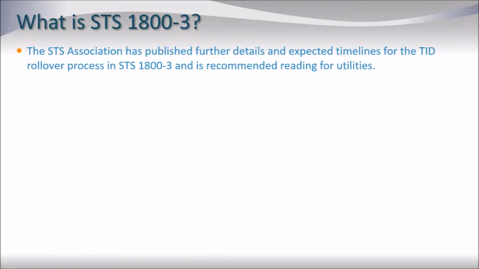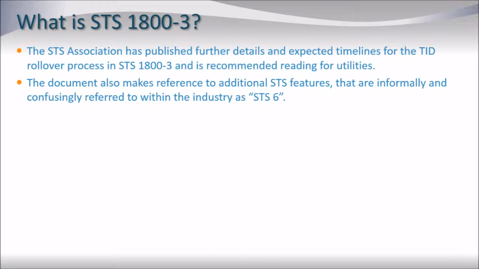What is STS 18003? The STS Association published further details and expected timelines for the TID rollover process in this document, and is again recommended reading. The document also makes reference to additional STS features that are informally and rather confusingly referred to within the industry as STS 6.